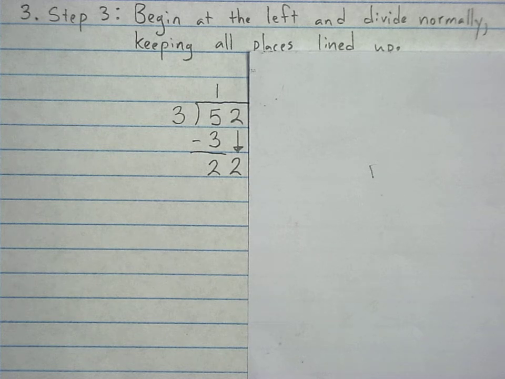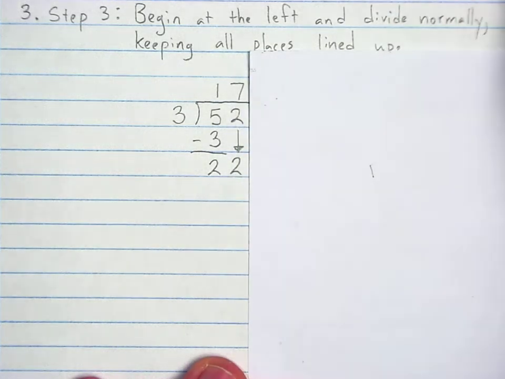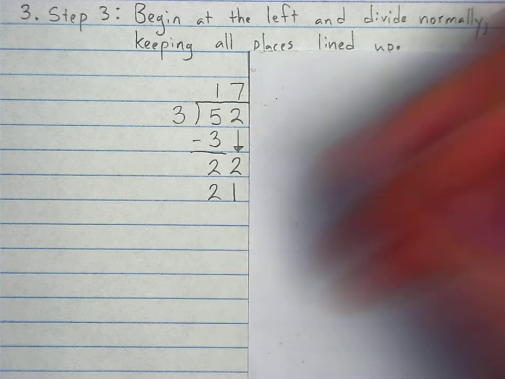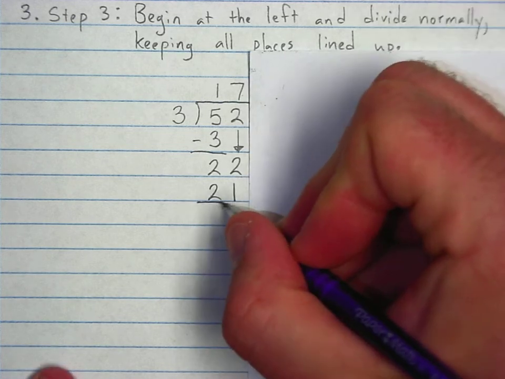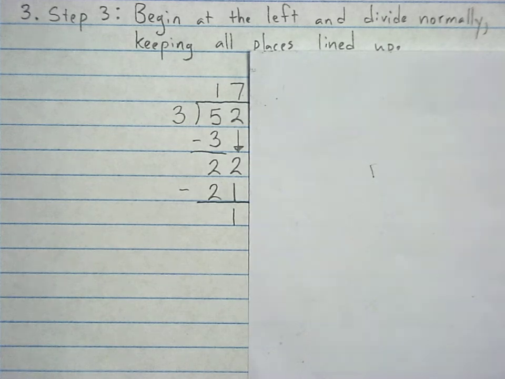Getting closer. 3 times 6 is 18. 3 times 7 is 21. 3 times 8 is 24. Too far. Back up. 3 times 7. 7 times 3 is 21. Subtract that out. No problem.